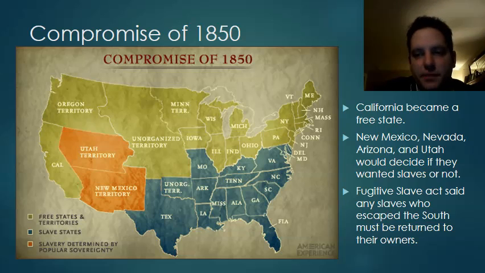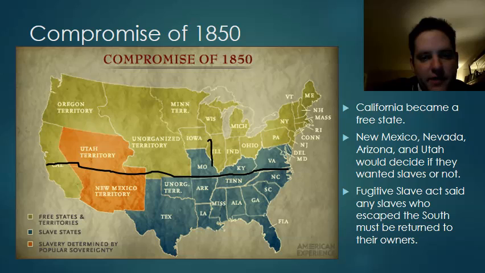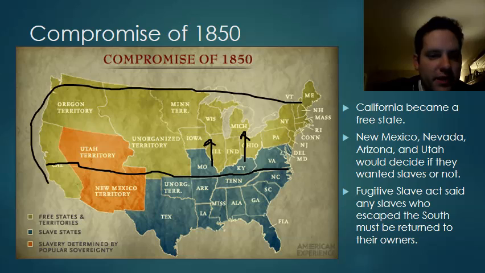So we still at this point have the Missouri Compromise at 36 degrees. And you can see that because now everything, remember, Missouri Compromise, everything north was free. So look at all of these. Oh, and then we have California here that are free.